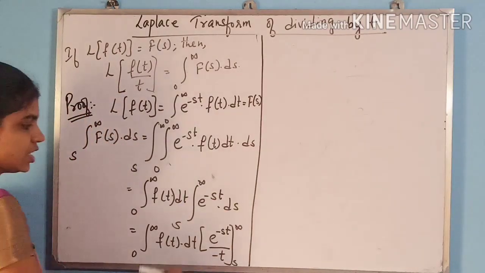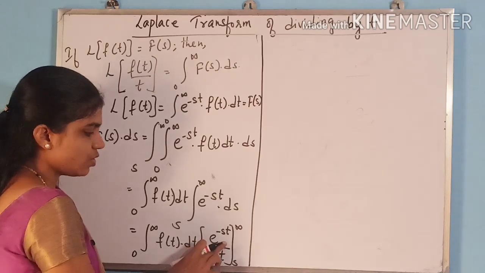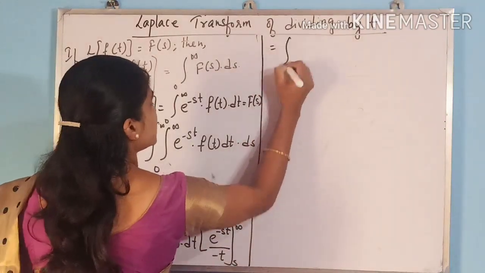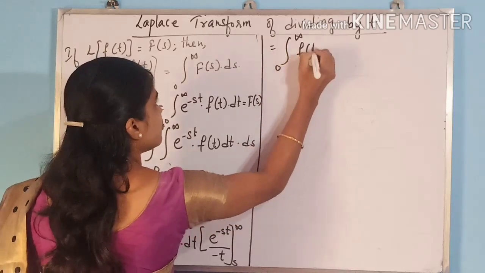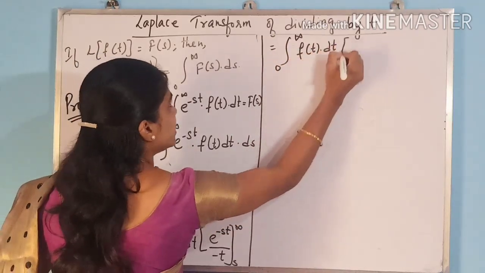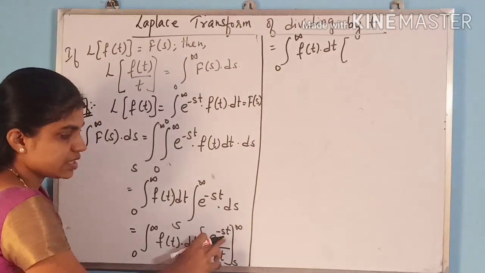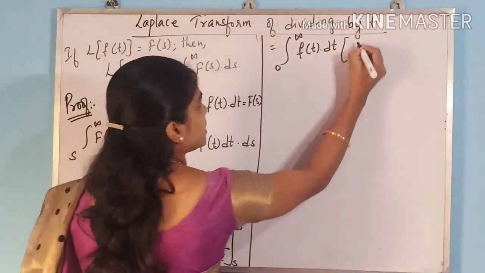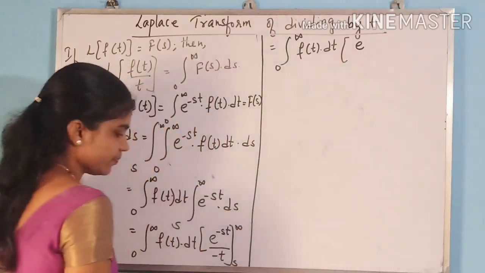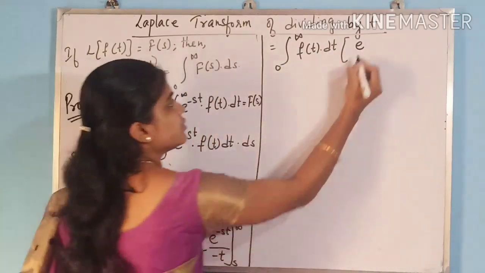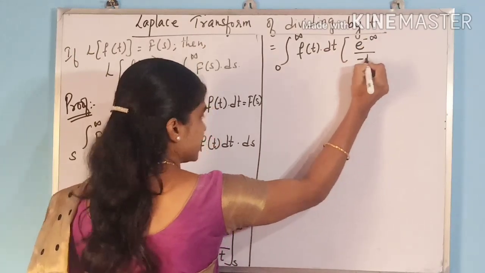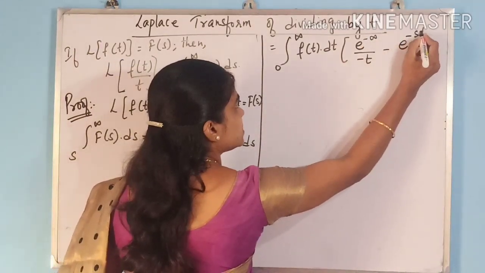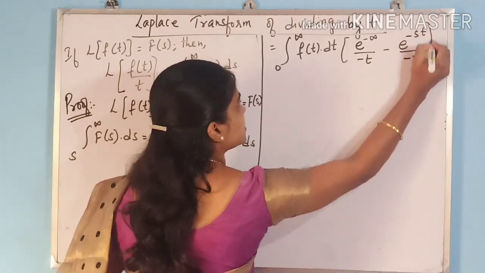Right? Now when I substitute the value of the limits, what I am going to get here is integral 0 to infinity f of t dt. Here I am going to get upper limit minus lower limit. So it is going to be e raised to minus infinity upon minus t minus e raised to minus st upon minus t.